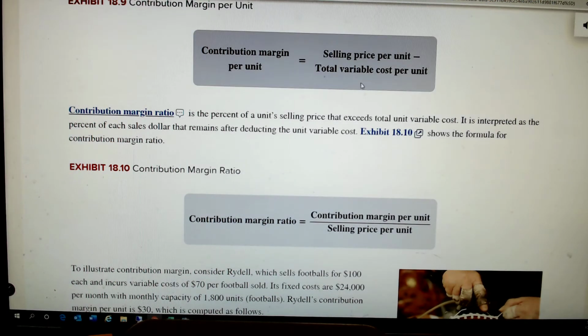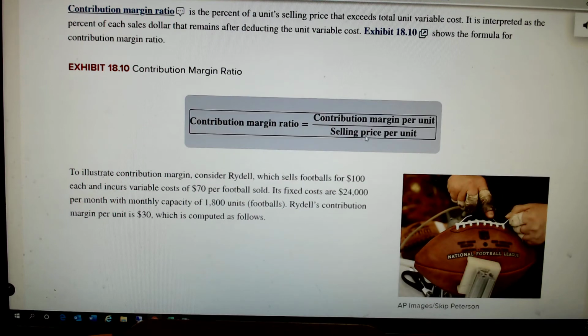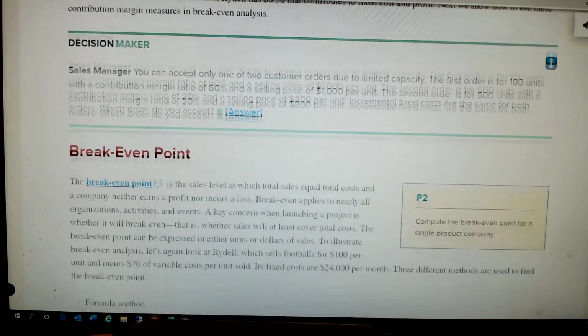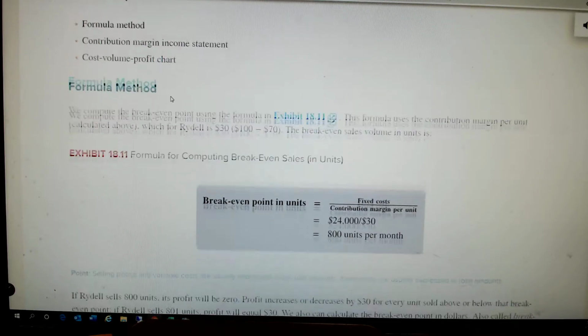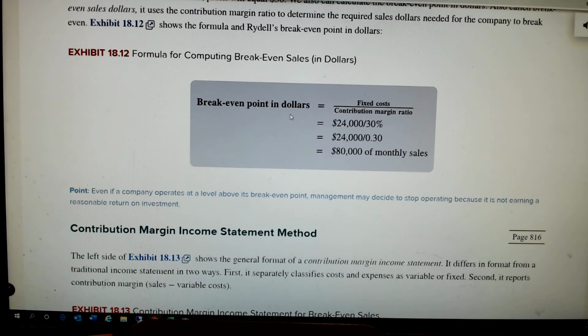What percentage of the sale price is left over after covering the variable costs? There's the formula for that. The break-even point in units is the fixed cost divided by the contribution margin per unit. The break-even point in dollars is the fixed cost divided by contribution margin ratio. Where have you heard all this before?